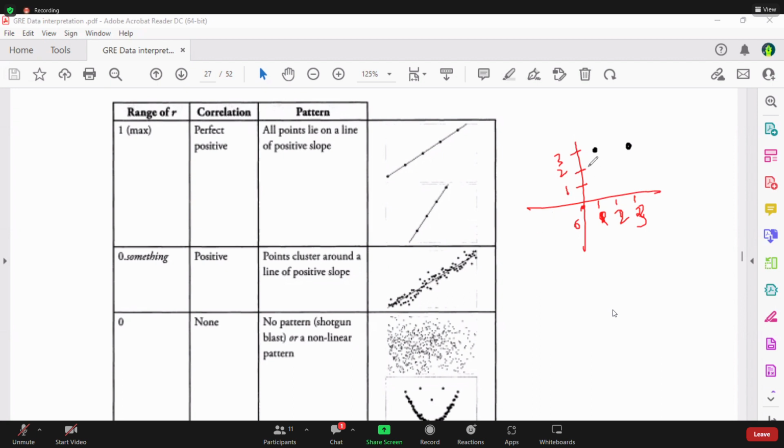then ranges would be basically like here it would be 1 comma 3, and here it is 3 comma 3.